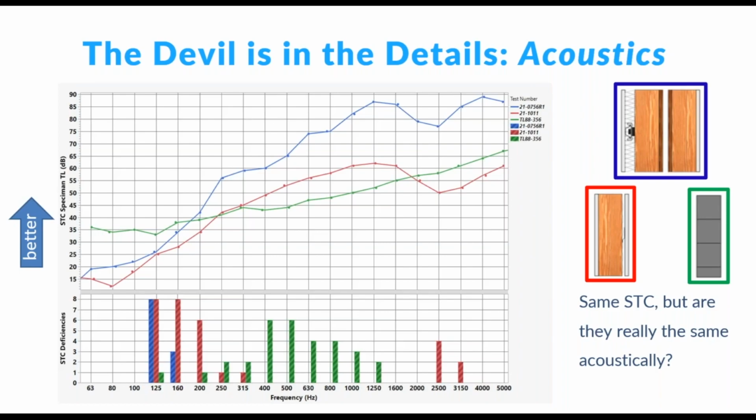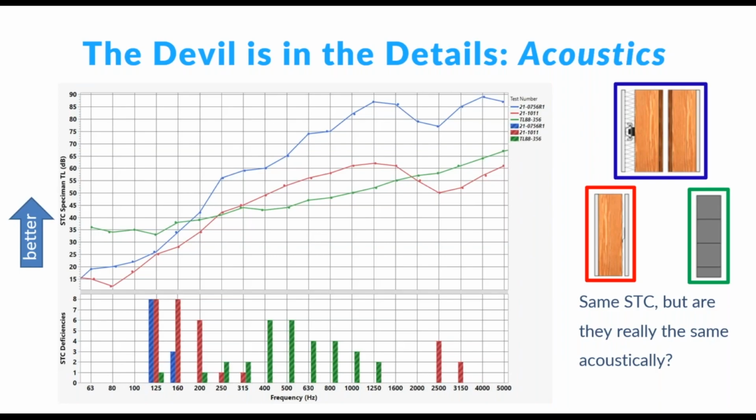has lower performance down at the low frequencies. Not as bad as the single stud wall, but not as good as the CMU block wall. But at the mid and high frequencies, it performs way better than the other 2 walls. So if we're using an STC 50 to just specify our acoustical performance, we're not really getting the whole picture.